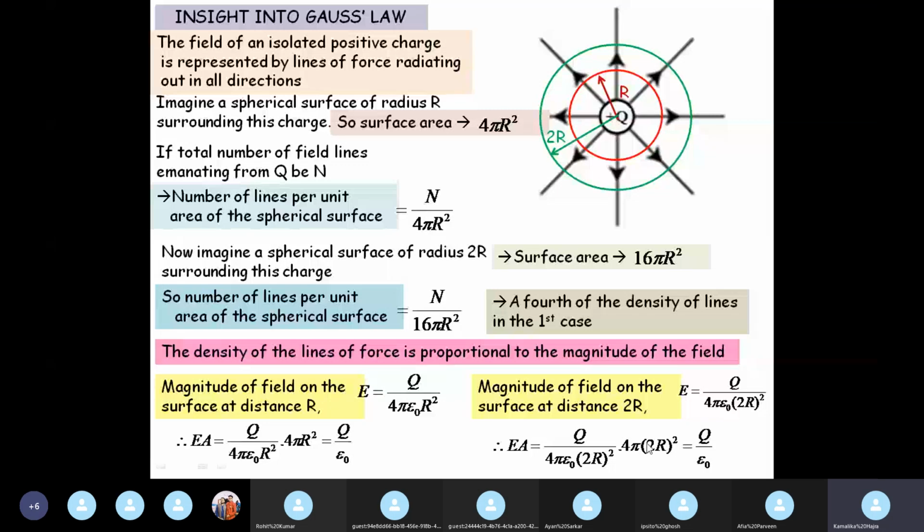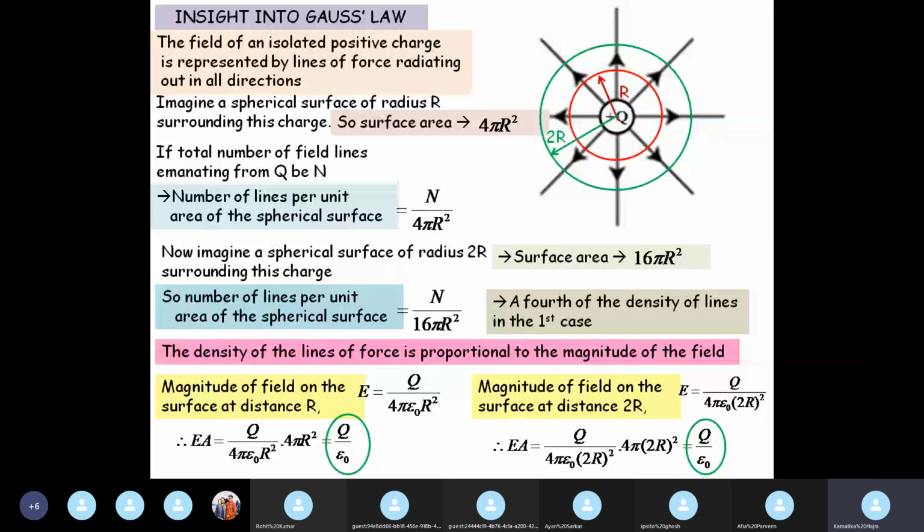Alright, so you see, if you look at the highlighted quantity Q by epsilon naught, although we are at different distances from the charge, we know that the strength of the electric field is different at these 2 points. When we are on the red sphere, the field is stronger. When we are on the green sphere, the field is weaker.